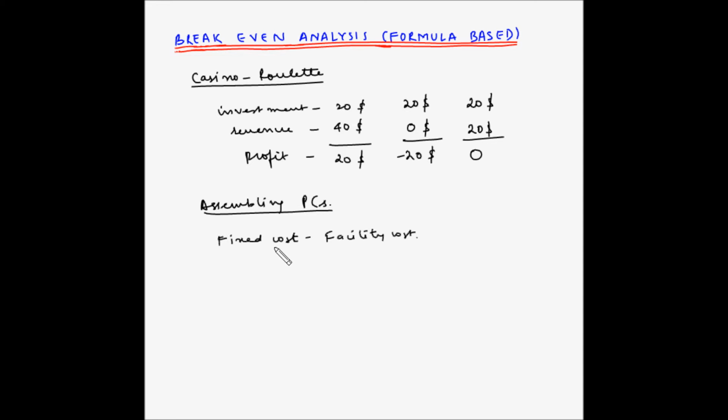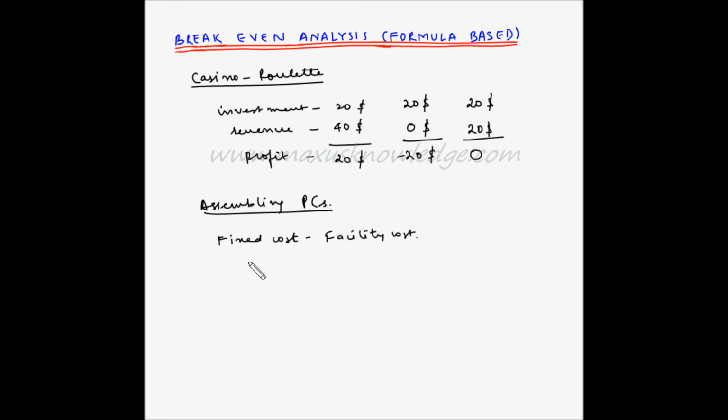So both of these things will incur a cost which is dependent on the number of PCs that you want to be assembled. So if you want to assemble one PC per week, then you probably need one person and parts needed only for one PC per week.